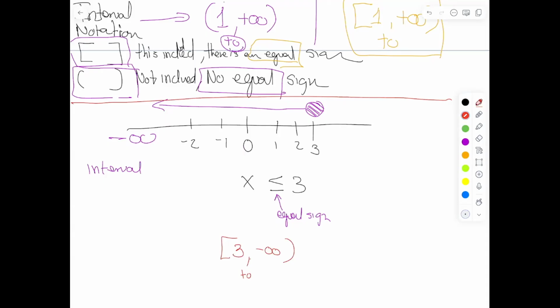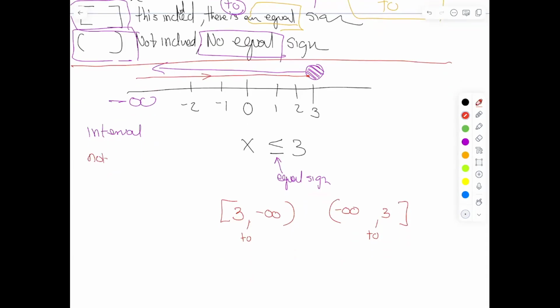You could also write it the other way, but it's a little bit confusing, because there you're saying it comes from negative infinity, all the way to where it stops, at 3. So this is interval notation.